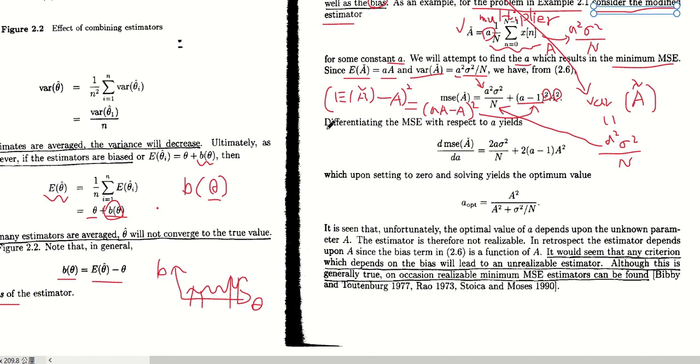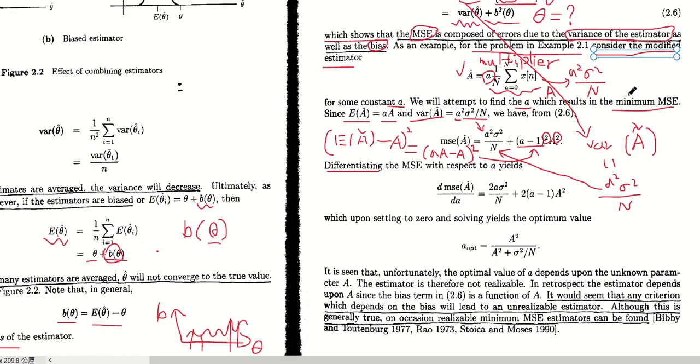Then we differentiate, because we want to find the minimum. You recall what we learned in calculus. We take the first order derivative of a function and then set it equal to 0.